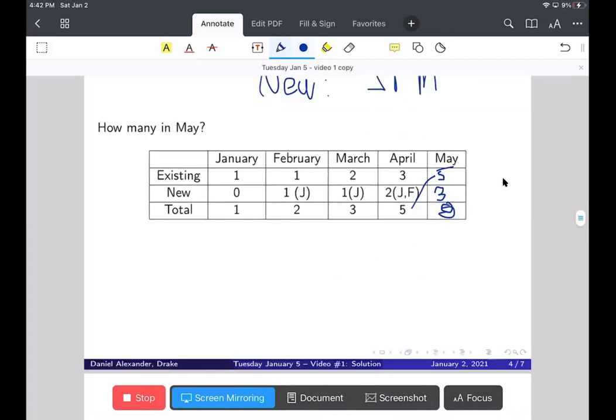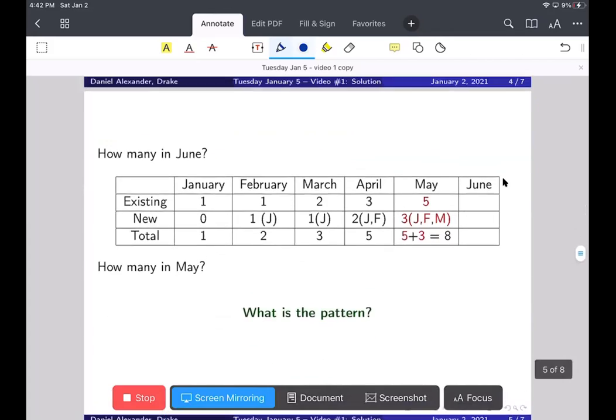Okay. Hopefully you're seeing a pattern, but I'm going to go over it in a minute. So let's go to June now. I filled in what happened in May, so we can use that. Again, think about June. Try to fill it in and try to find the pattern. I'm going to give you a minute or two to think about that, and then we'll go over it. Okay, hopefully you paused. So how many rabbits in June? Well, we're going to have 8, because all the rabbits that are around never die.